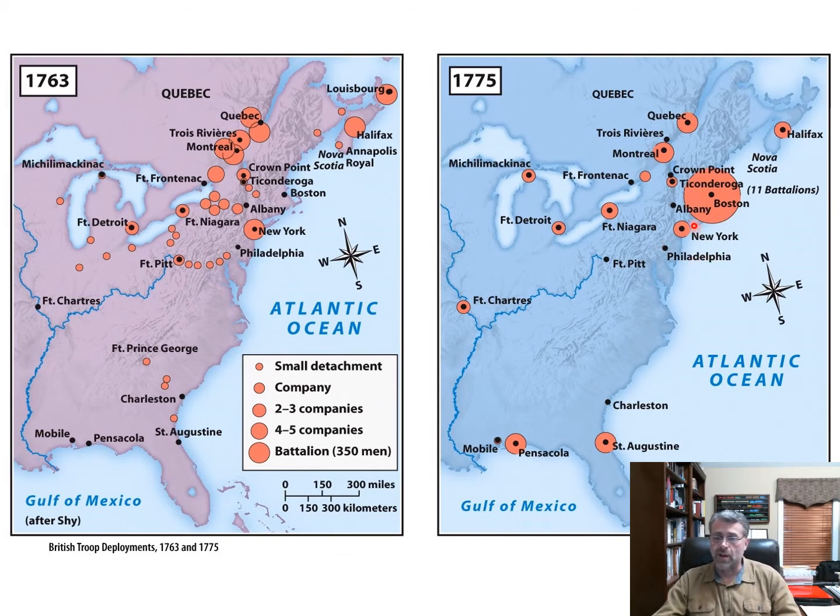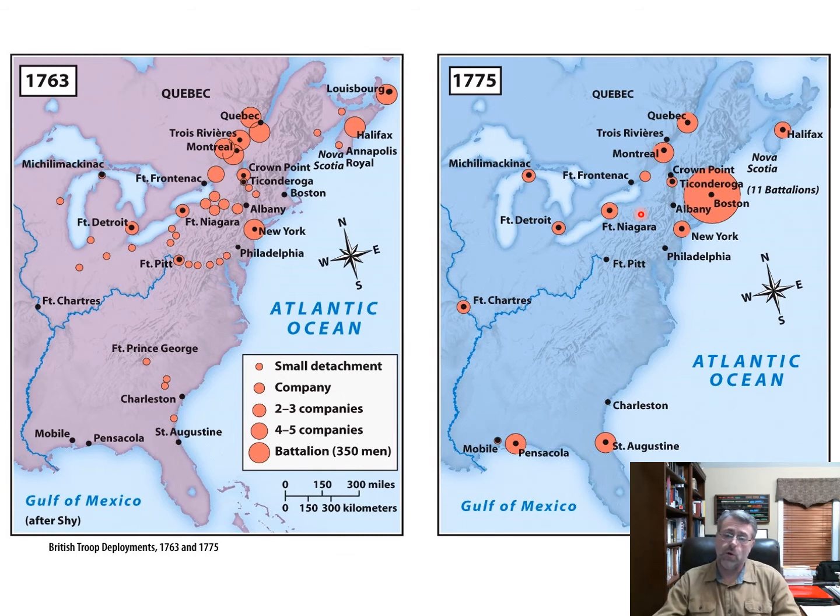And you'll notice Boston here very, very conspicuously seems to have a disproportionate amount of British troops compared to other cities in the colonies. So this is a very visible indication that England is controlling the colonies more directly now than they used to be. Prior to the French and Indian War, you could go your whole life and never see a British soldier.